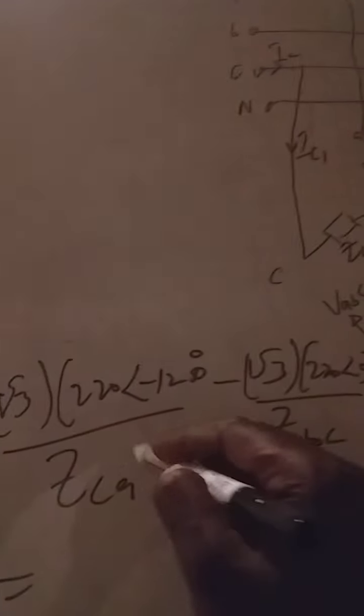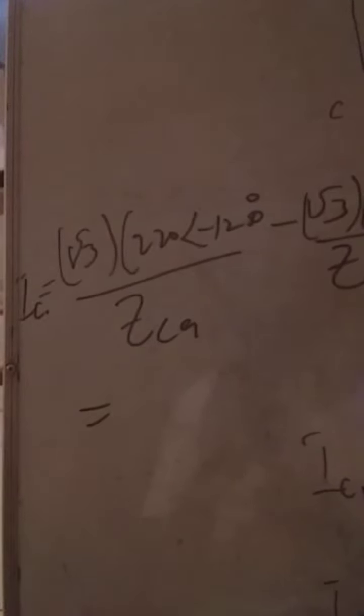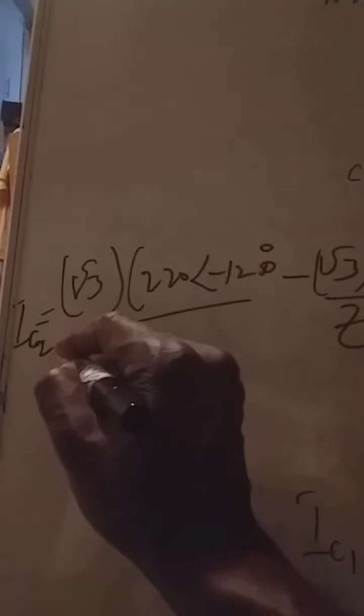So when you sort this out, that will give you our IC2. So you get your IC2.